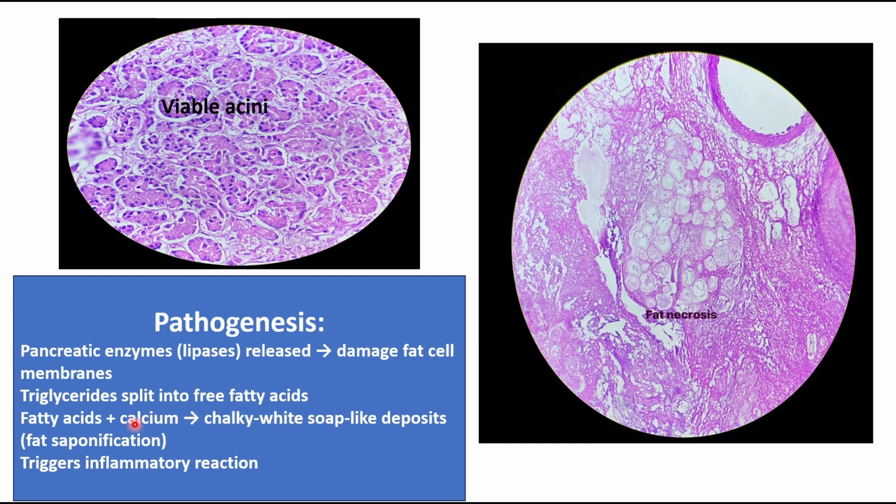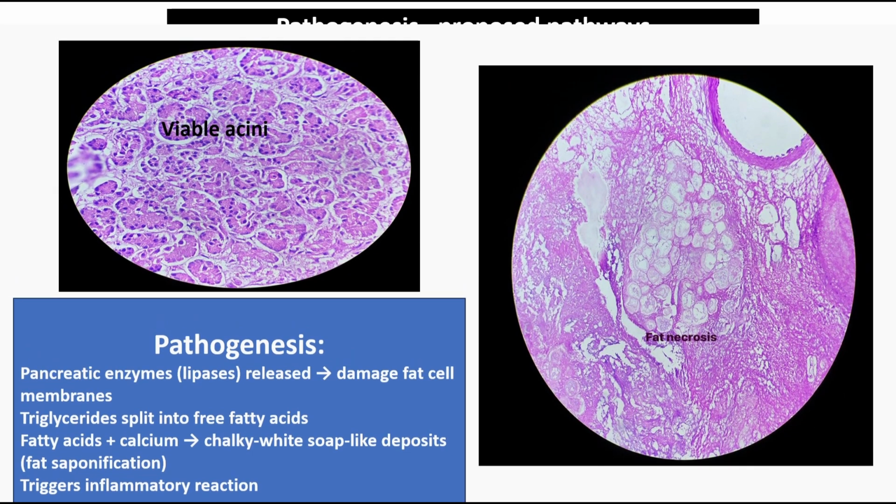Now this free fatty acid combines with calcium and forms chalky white soap-like deposits, which is called fat saponification, and it triggers inflammatory reaction. So this is normal or viable pancreatic acini. This is fat necrotic area and surrounding necrotic part.